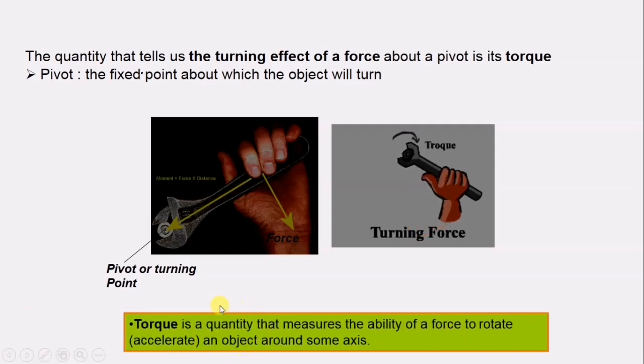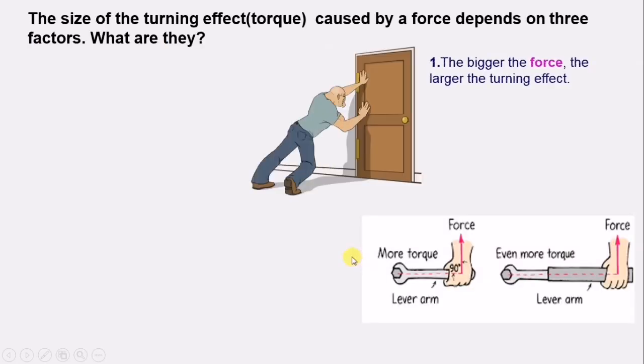So torque is the quantity in physics that measures the ability of a force to rotate, or we can say to accelerate, an object around some axis. Okay, so the line that passes through the pivot, we call it the axis of rotation. Okay, let's continue. So now we will talk about the factors that affect this torque or this turning effect.